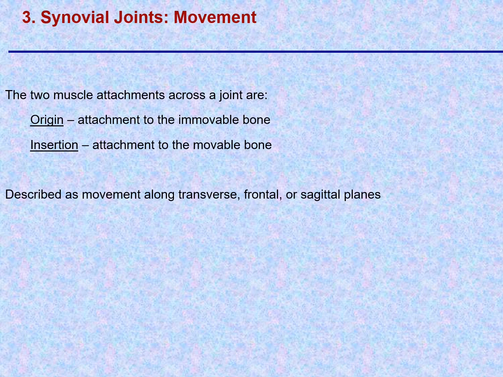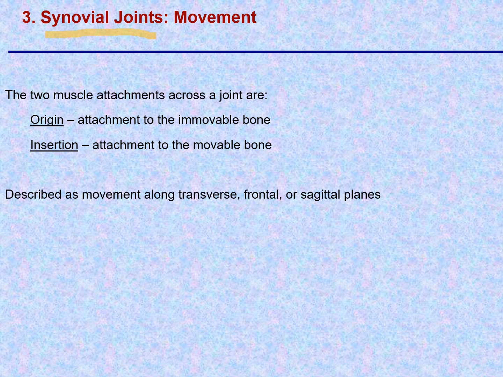In terms of movement around synovial joints, you have different types of muscle attachment points across a joint. So when two bones come together and there's a synovial joint, one bone will be immovable and the other will be movable.